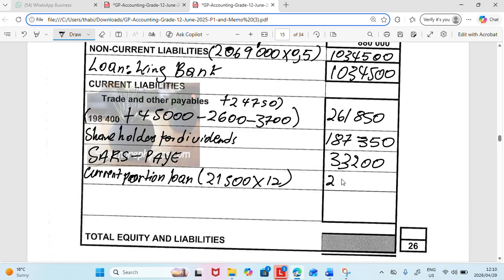It will be 258,000. 258,000. And then from our information, guys, from the balances, if you are paying attention, we also have a bank overdraft.